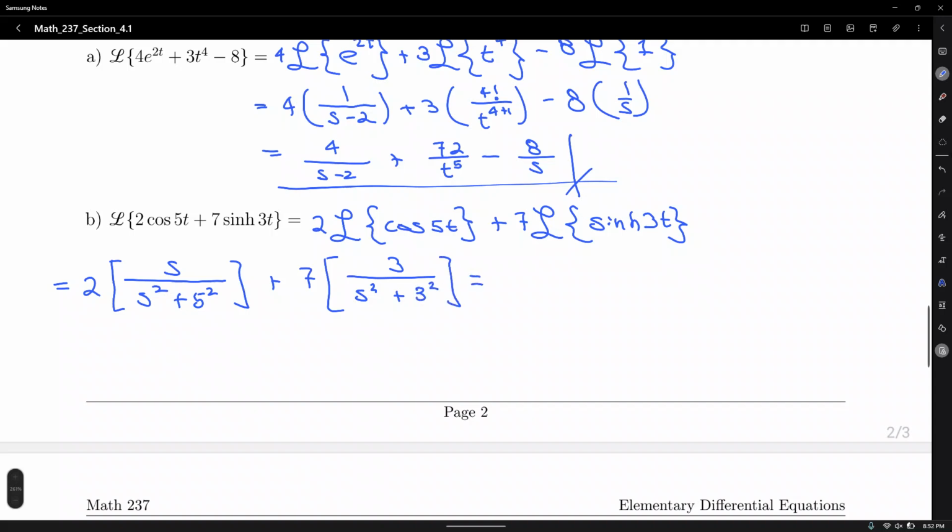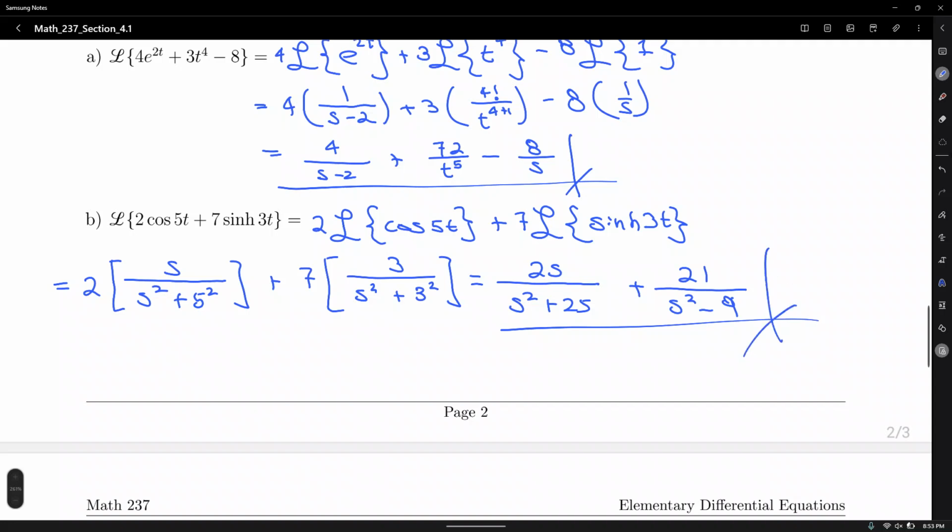This will be equal to 2s divided by s squared plus 25 plus 7 times 3, which is 21, divided by s squared minus 9. And that is the Laplace transform of this combination of functions.